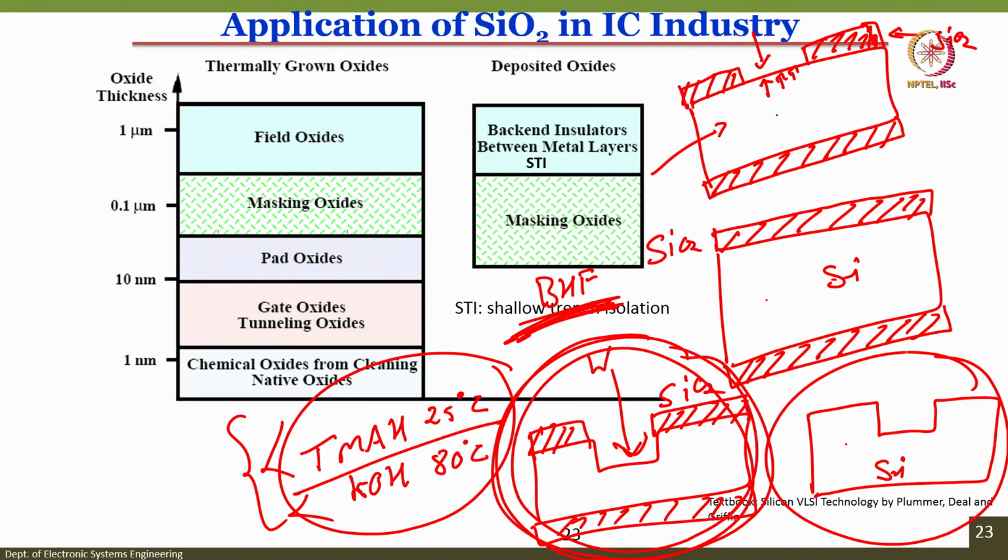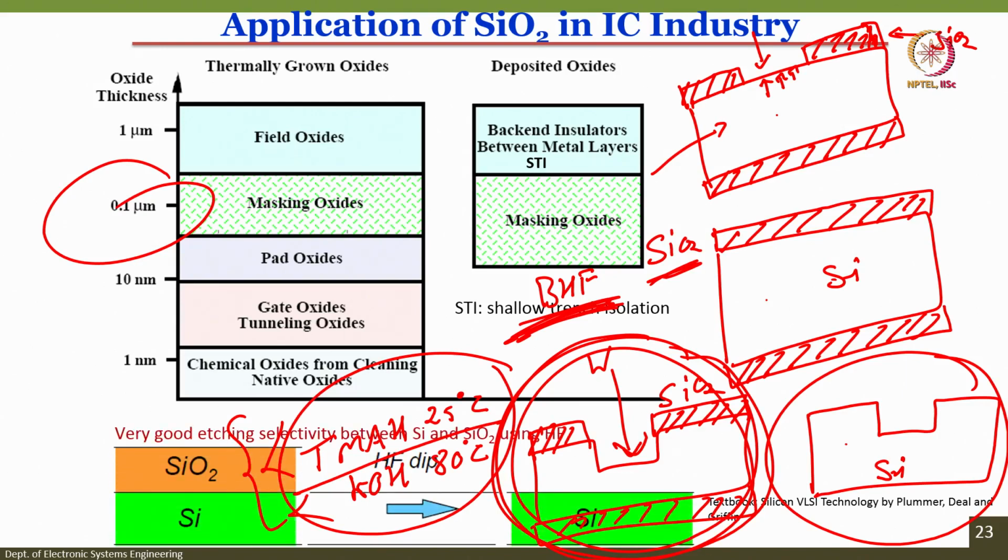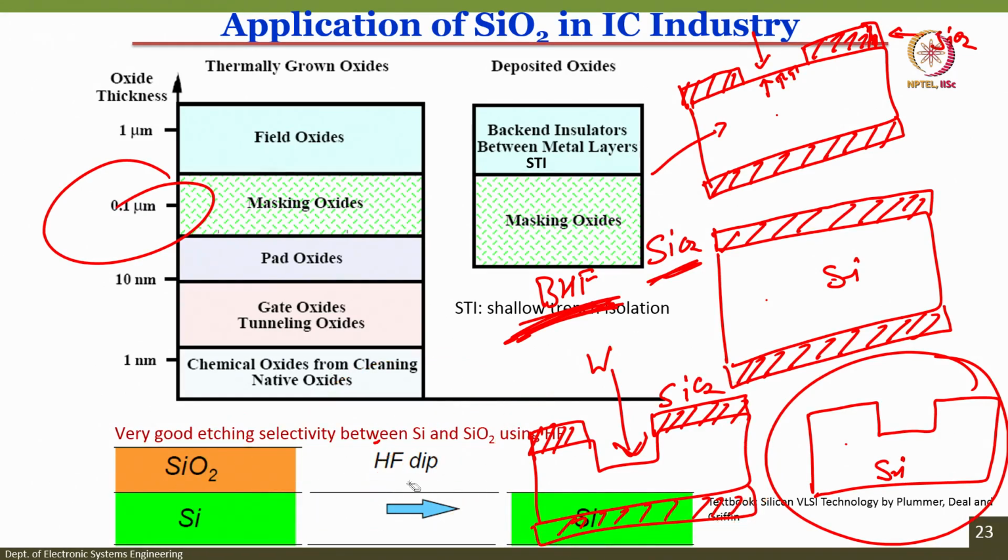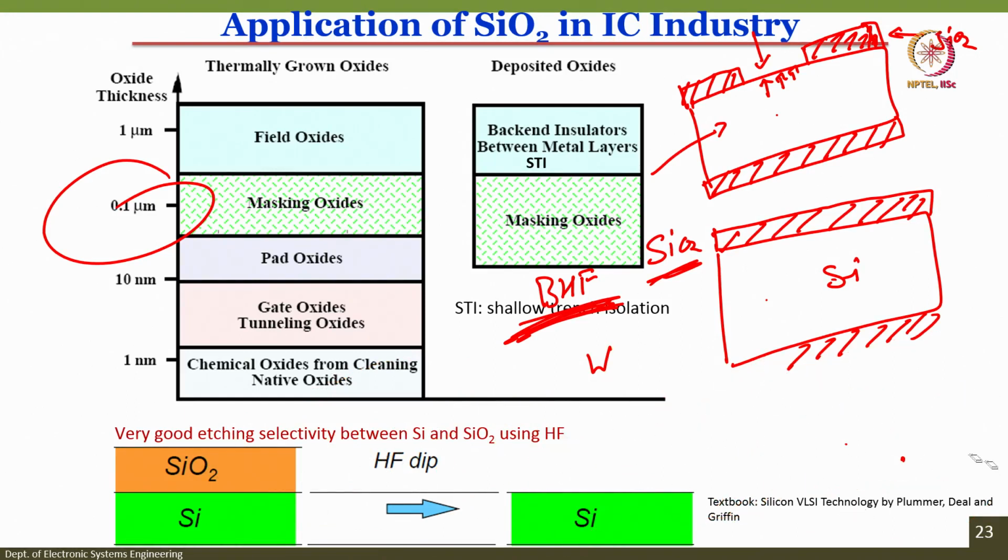The point that I am making here is that silicon dioxide, which is around 0.1 micrometer, can be used as a masking oxide. And for the gate oxide, you have to use 10 nanometer, somewhere around that thickness of oxide. You can see in this particular image, if I have silicon dioxide on a silicon wafer and I do an HF dip, only the silicon dioxide gets affected, and silicon will be protected.